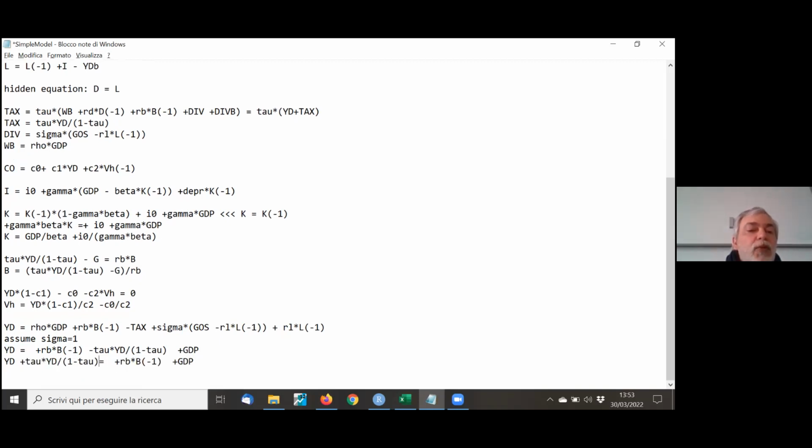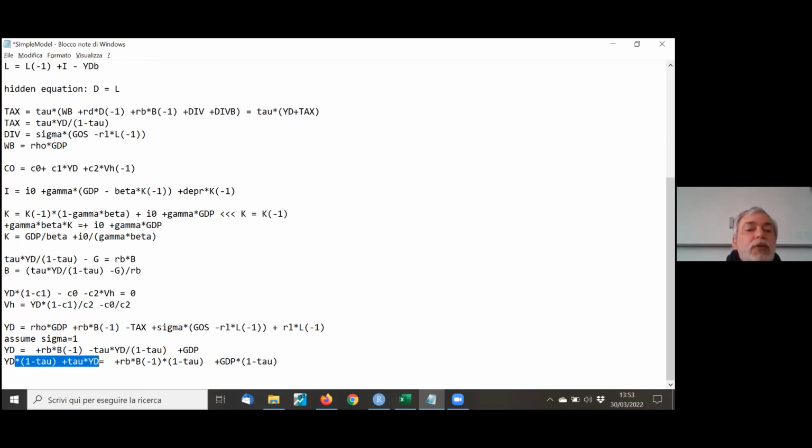And doing the multiplications, this will become 1 minus tau. And this also will be multiplied by 1 minus tau. And here YD minus tau and plus tau will cancel out.